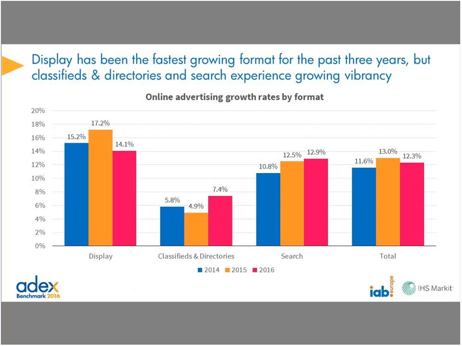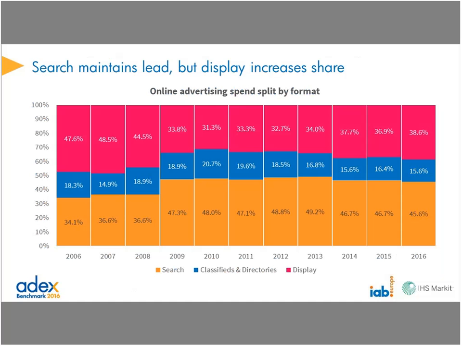Display has been the fastest growing format for the past 3 years. And in terms of share, search has been the biggest format since 2009, but display has increased its share in 2016 and has taken some share from search and classified and directory.